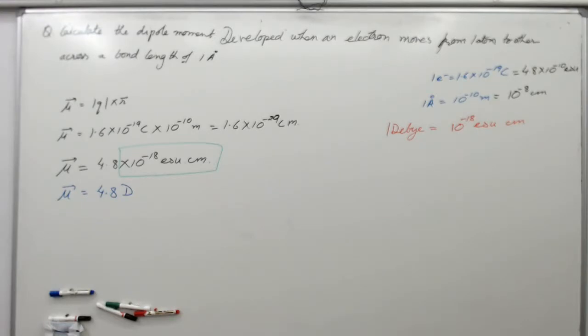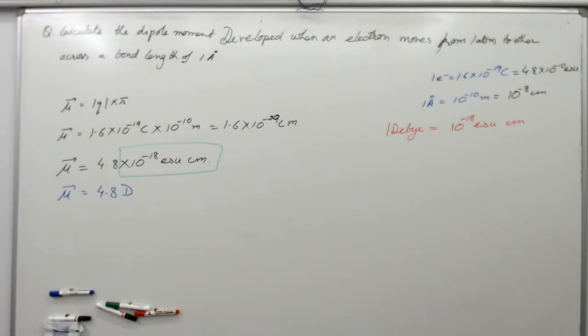Sir, it's one electron into one angstrom into something like this. What's the value? 10 power 11 into 1.6. Hold on, Rohan, what you can simply do is, I just wanted the value of 1 debye in SI units.